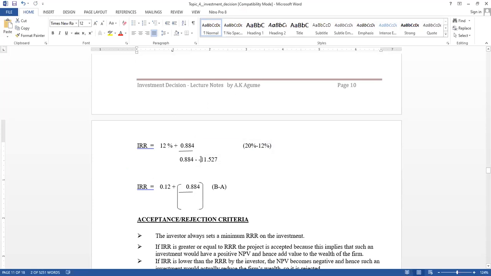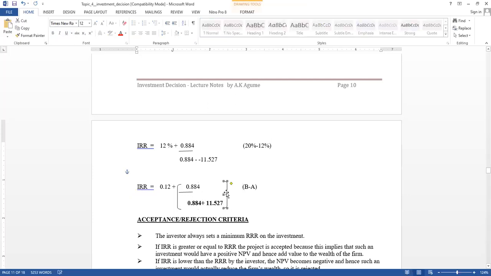So it's going to be 0.884, I add 11.527, then into 0.2, so 20%, that is 0.2 minus 0.12.